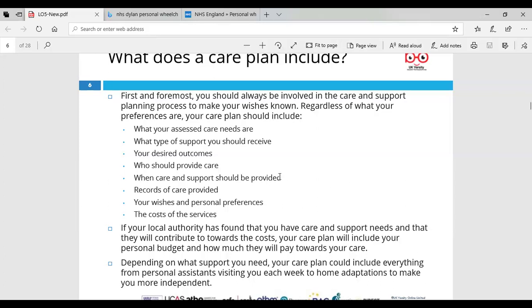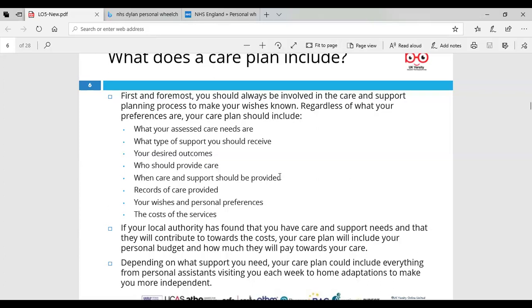If the local authority has found that the person has a care and support need, and they will contribute towards the costs, the care plan should include their personal budget and how much they will pay towards the care. So for the wheelchair, for instance, if they can afford that, that will be on the person themselves.